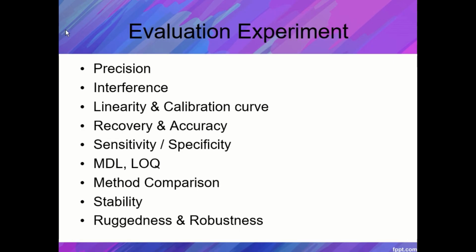So what are the evaluation experiments? These are the validation experiments. They consist of precision, interference, linearity and calibration curve, recovery and accuracy, sensitivity and specificity, minimal detection limit or limit of quantitation, method comparison, stability, ruggedness and robustness.